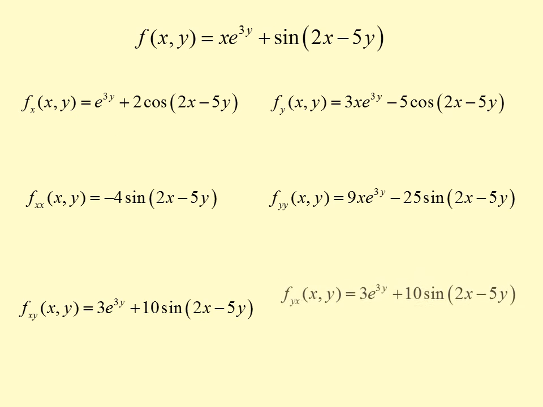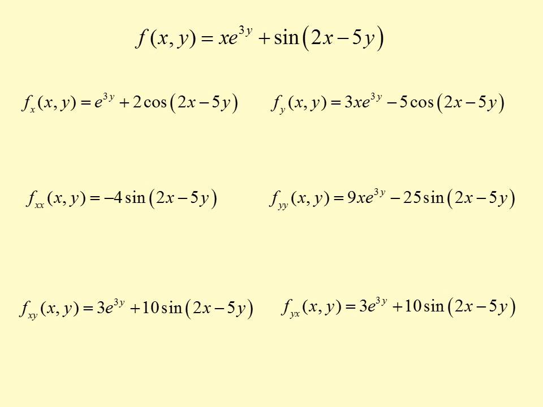And the last one, we're taking the partial with respect to y, which we got in the beginning, and we're doing the derivative of that with respect to x. So we'll copy down the 3e to the 3y. That's the coefficient of x. We'll copy down the 5.